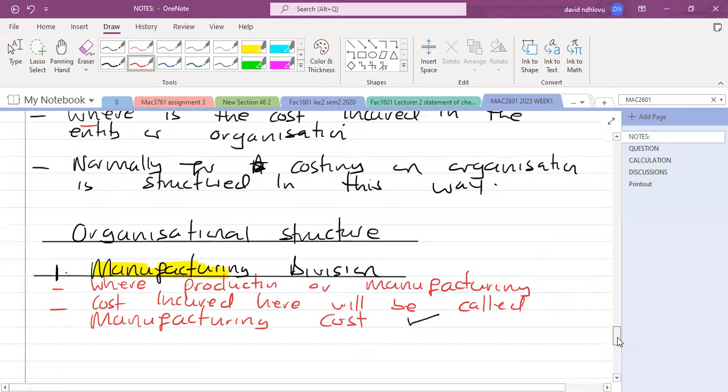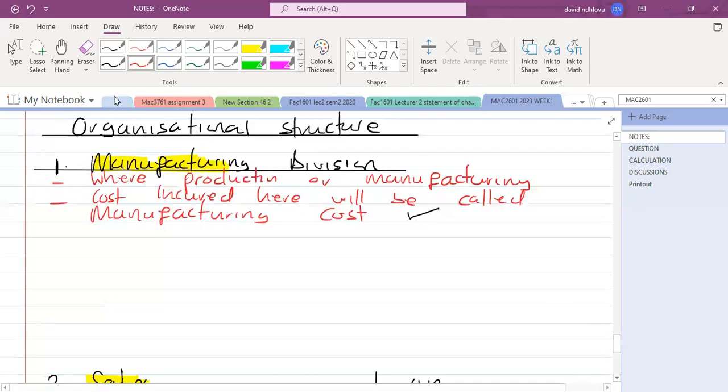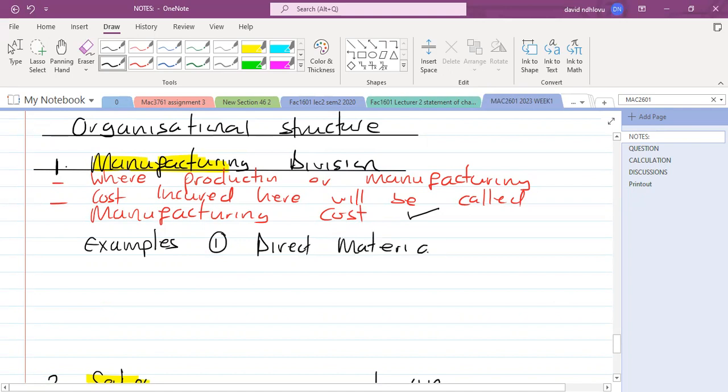Then when we go now to this area, what are the examples of costs that we get here? Number one, we are into manufacturing. We have to have material that we are using to manufacture. So therefore, we have direct material. So direct material by nature is part, any material anyway, it is part of what?